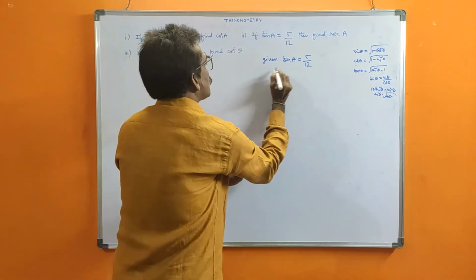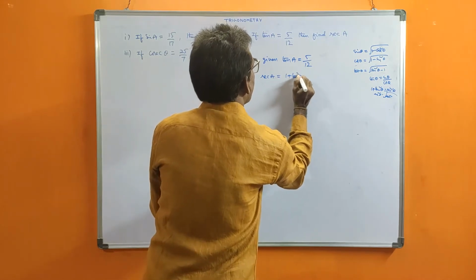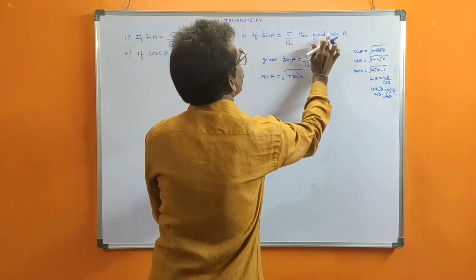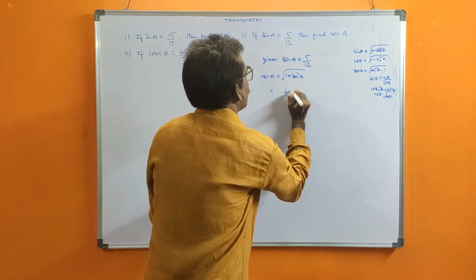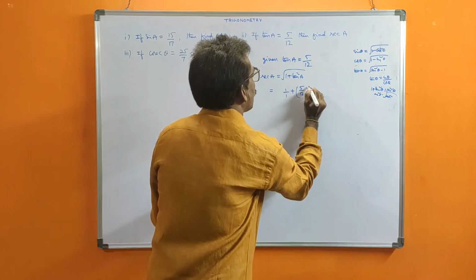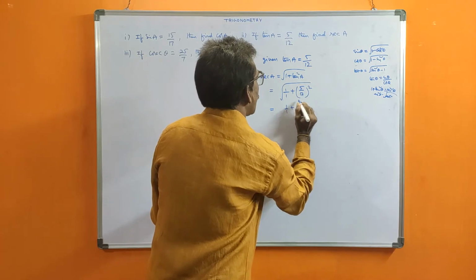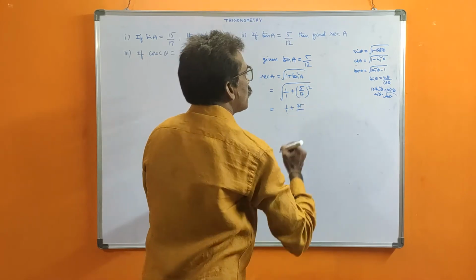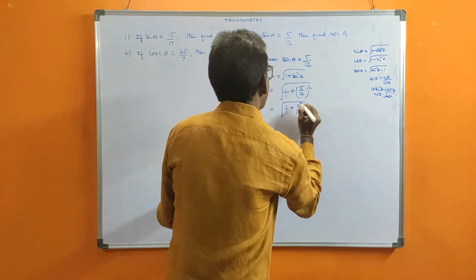So secant A is equal to root of 1 plus tan square A. Here secant only is asked, so direct, one step. So 1 plus tan A value substituted: tan A is 5 by 12, square it and root. Now 1 plus 5 5s are 25 by 12 12s are 144, root of.